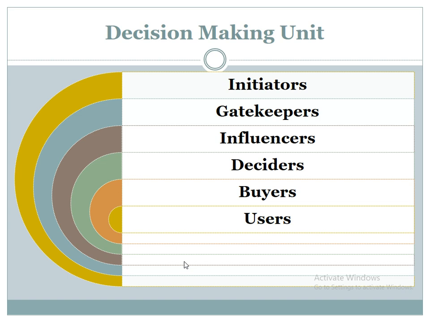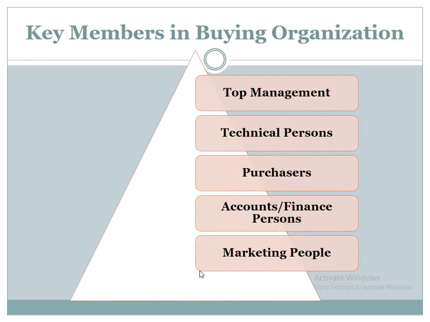The emphasis in the buying center is on the organizational groups, that is functional areas, which participate in the buying decision process. So this is the information about the decision making unit or buying center.